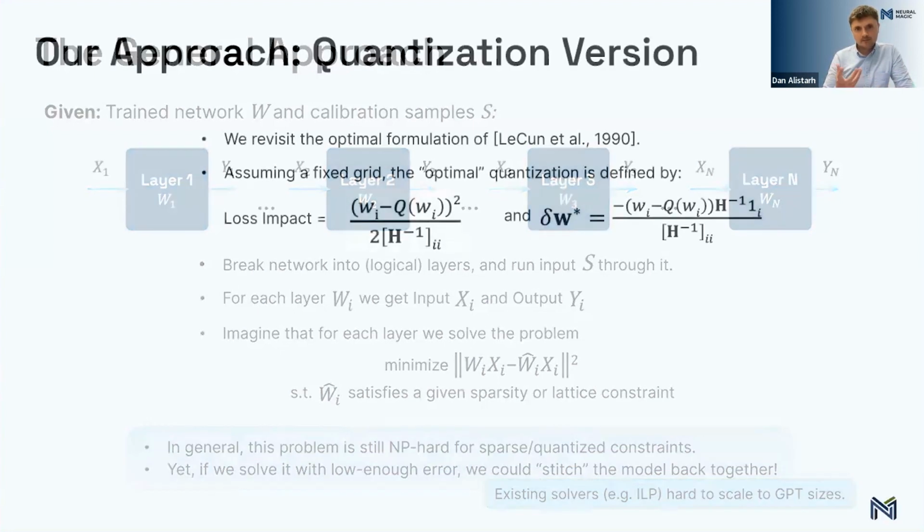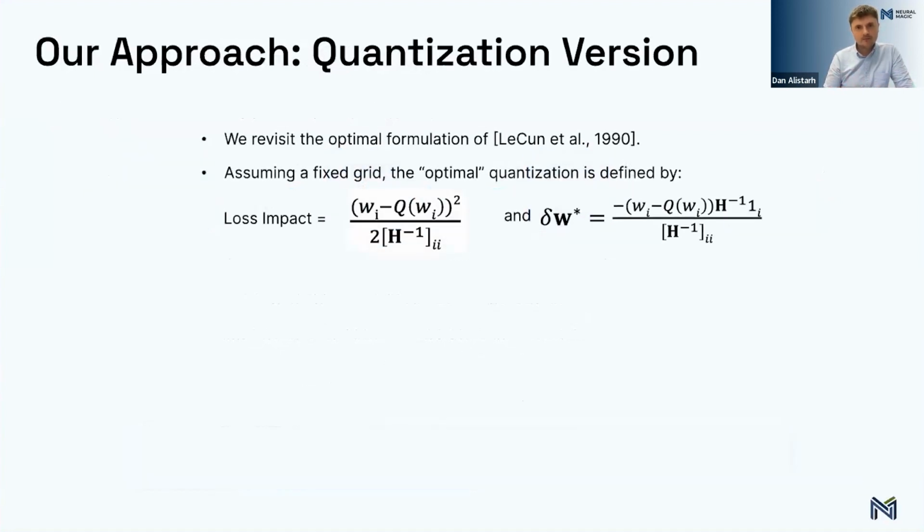Okay, and our approach, which appeared in a paper with my student Elias Frantar, I'm going to show you the version for quantization here, is basically as follows. We go back to the formulas by LeCun that we discussed before, and I'm going to instantiate the version of this for quantization, where I replaced w_i from before with w_i minus the quantized value.